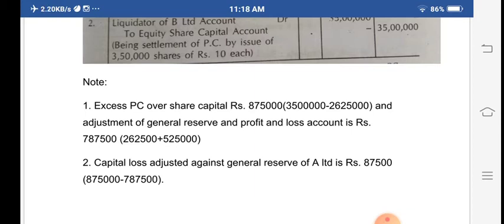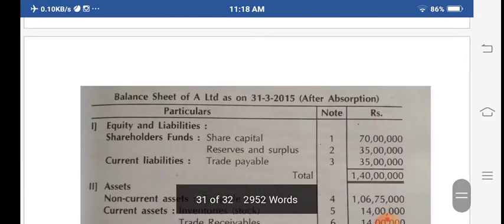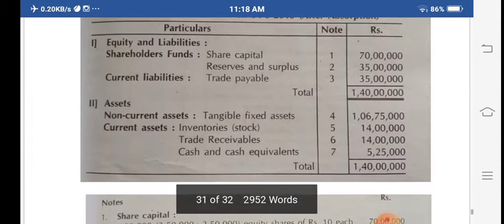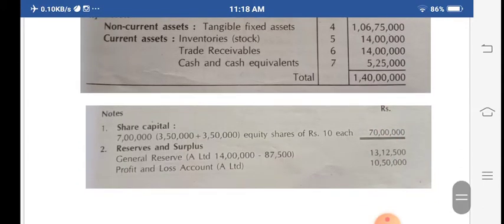Now see how the balance sheet is prepared. We have to prepare the balance sheet for A Limited. Under equity and liabilities, under shareholders' funds, the share capital is note number 1. How did this 70 lakhs come? See note number 1: 7 lakh equity shares, and each share is rupees 10.